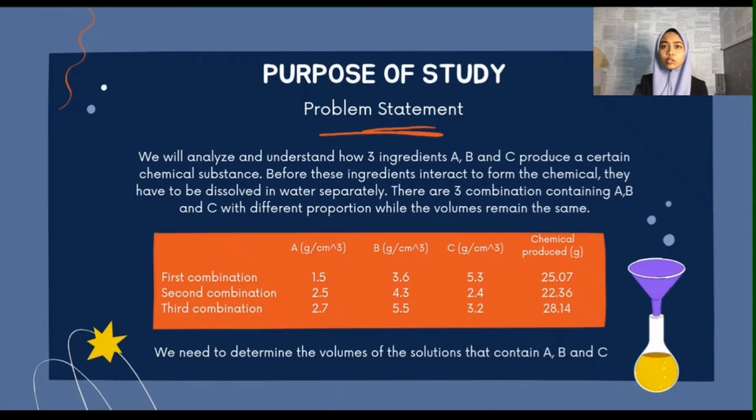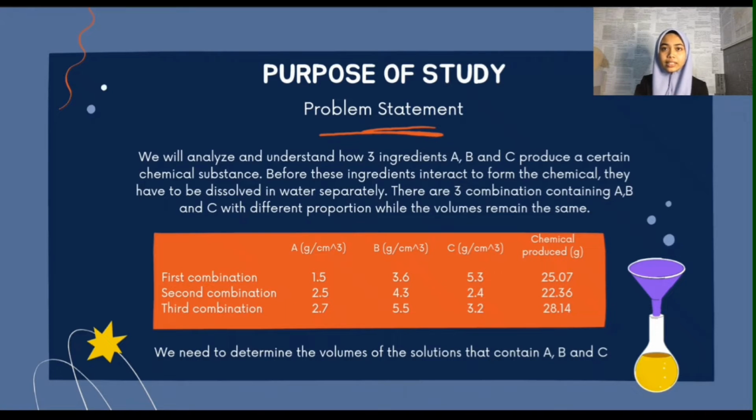Suppose that the solution containing A at 1.5 gram per cubic centimeter combined with the solution containing B at 3.6 gram per cubic centimeter and C at 5.3 gram per cubic centimeter makes 25.07 gram.